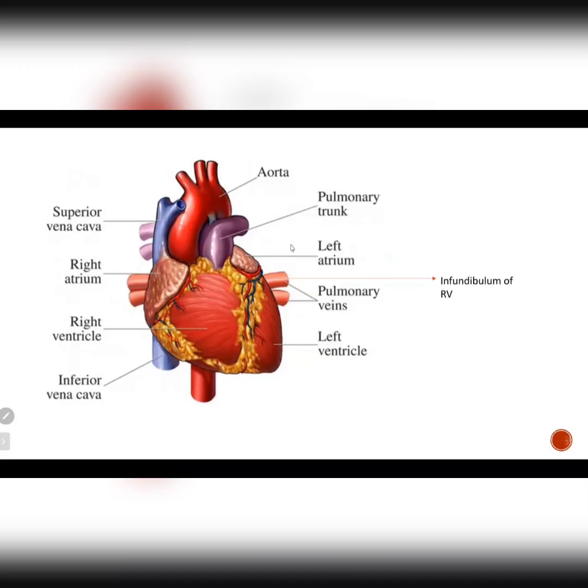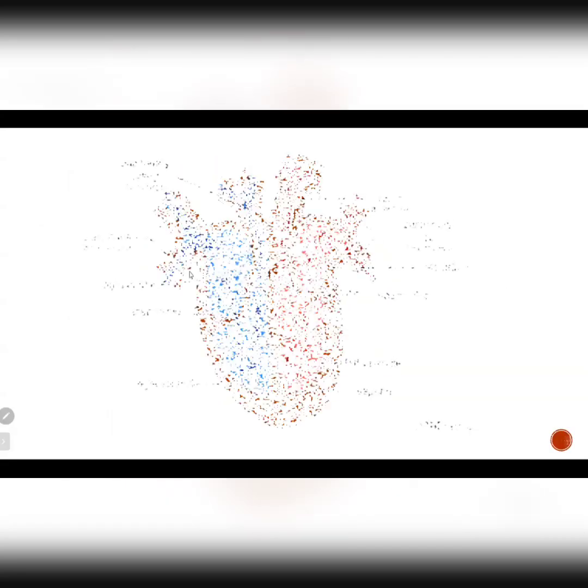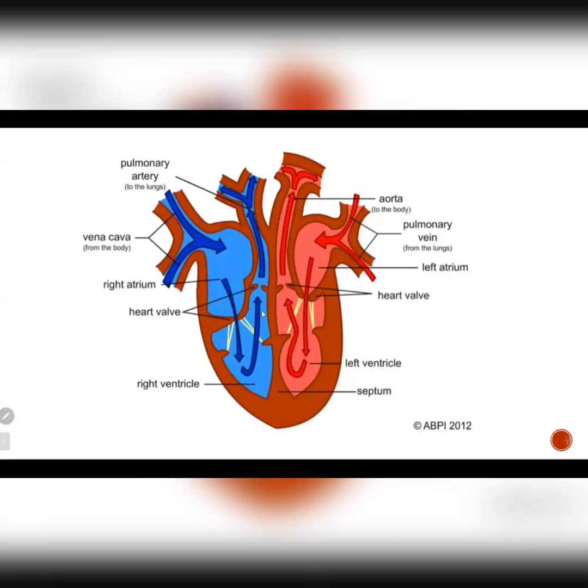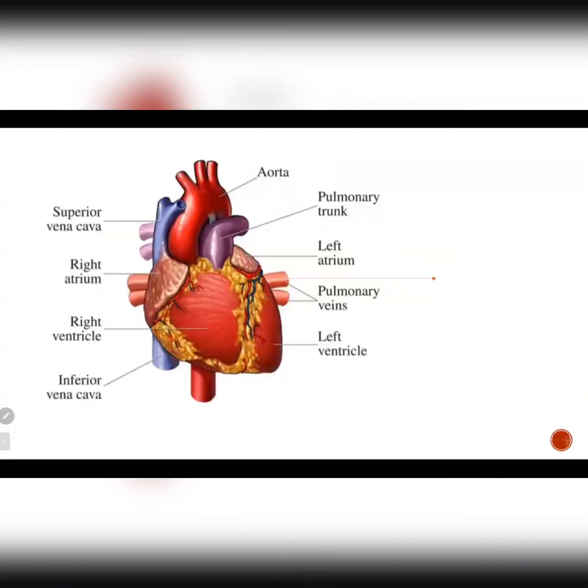Whereas this portion over here, see, this is the left ventricle. This chamber is right ventricle. And remember from the previous diagram, we learned that the right ventricle goes into the pulmonary artery. So here, from right ventricle, comes pulmonary trunk.